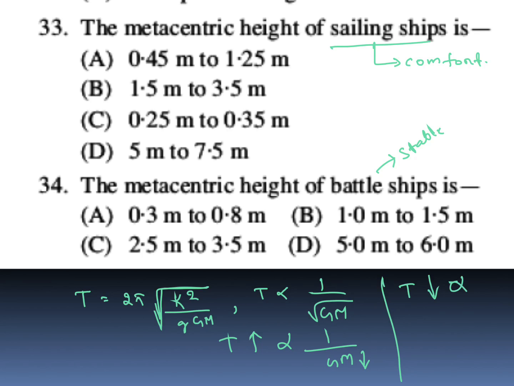So from the options we will check. For sailing ships, GM should be less. So for sailing ships, A is your answer. And for metacentric height of a battleship, for battleships it is greater than sailing ships. So 1 meter to 1.5 meter.